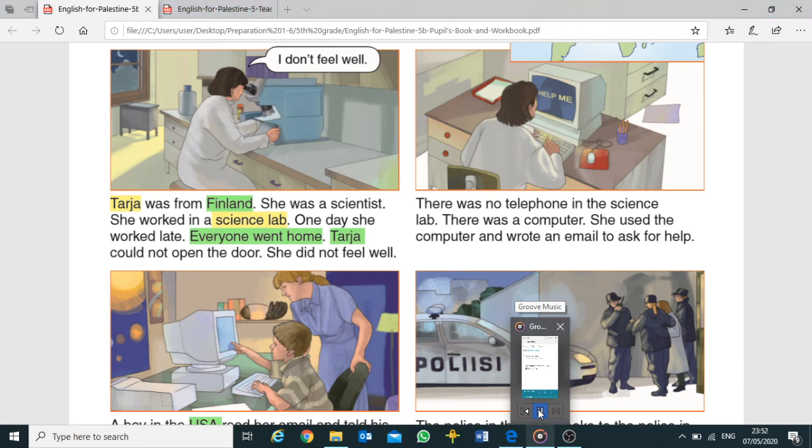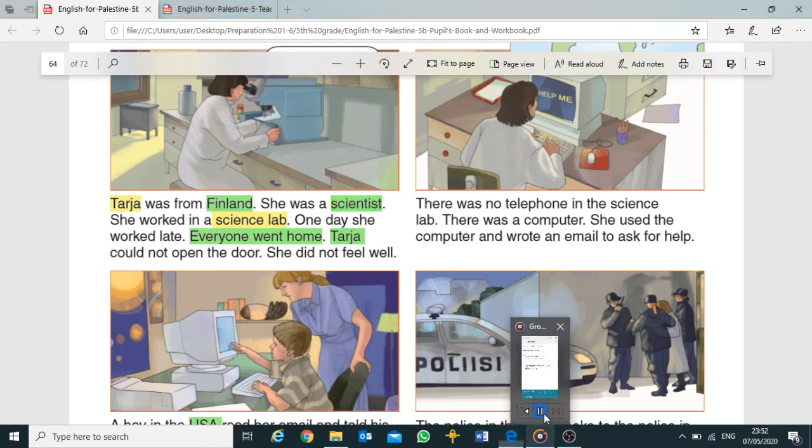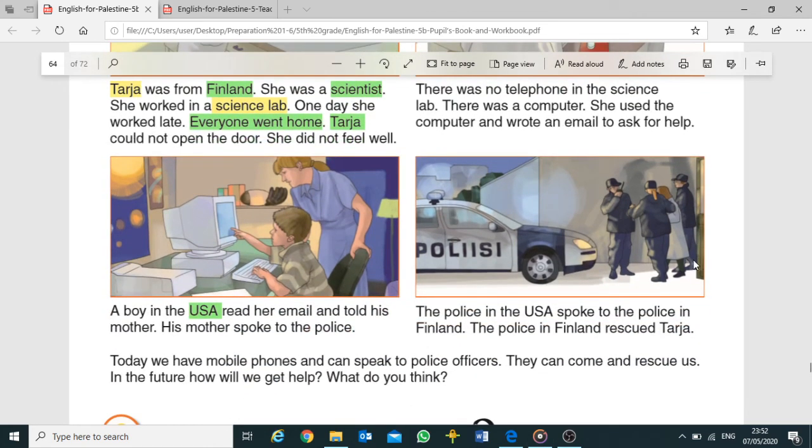4. What was her job? What was her job? ما هي وظيفتها لتاريا؟ Excellent. She was a scientist. Very good. 5. Who helped her? برضو بنسأل عن شخص.